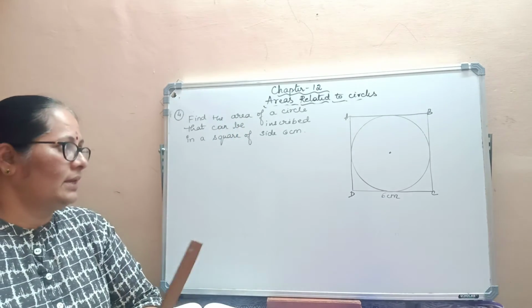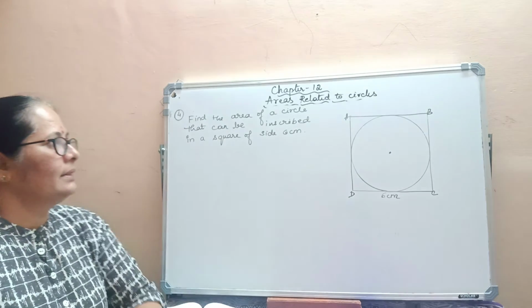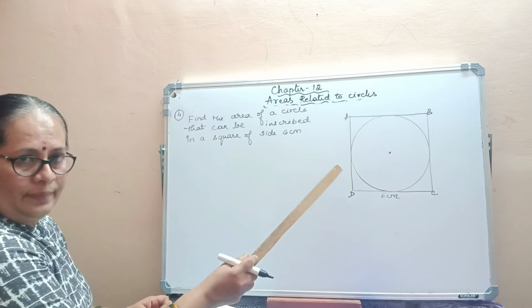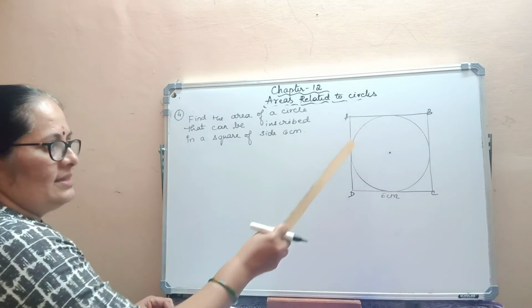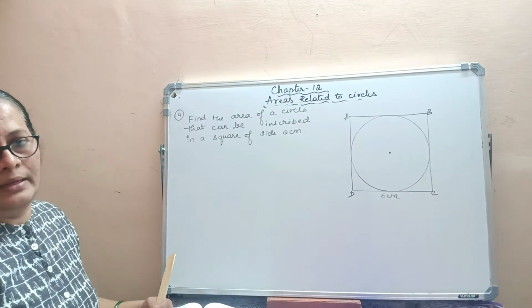See here, the circle is inscribed in a square. It means the circle touches 4 sides of the square.